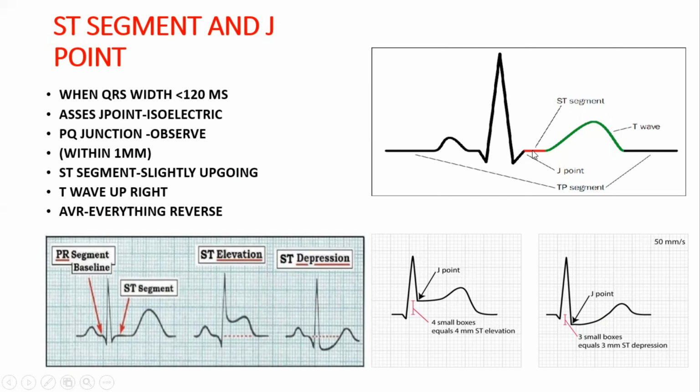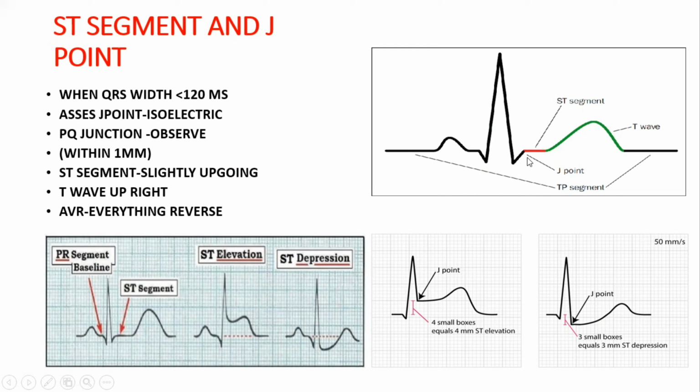To assess whether J point is on the isoelectric line, we should observe the PQ junction. It should be on the same line. And ST segment is usually slightly upwards. Here slightly upwards, and T wave is usually upright, and in aVR everything is reversed.